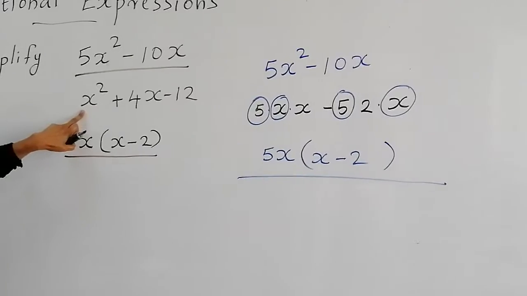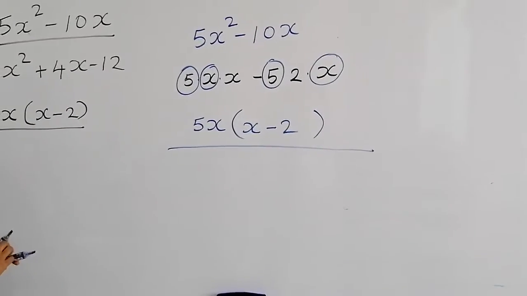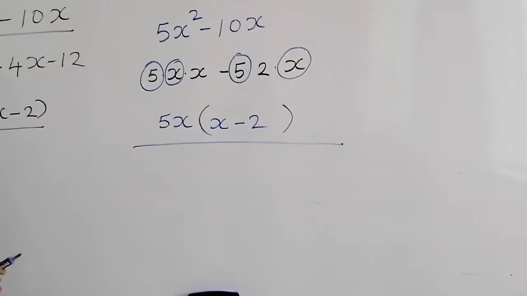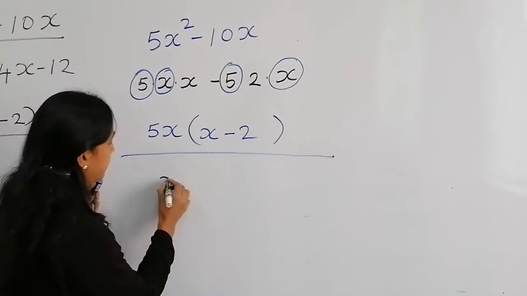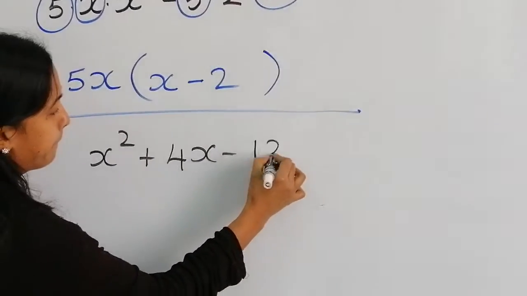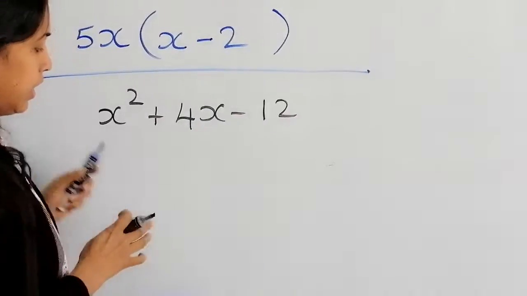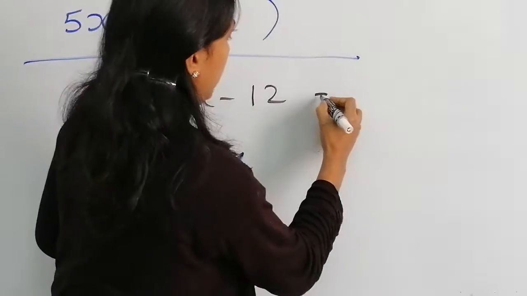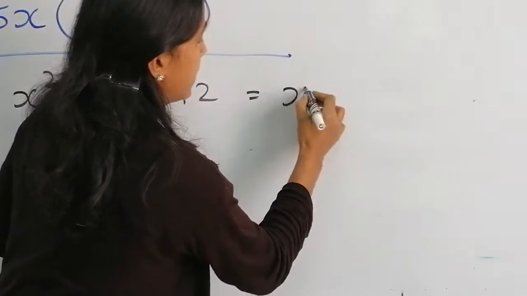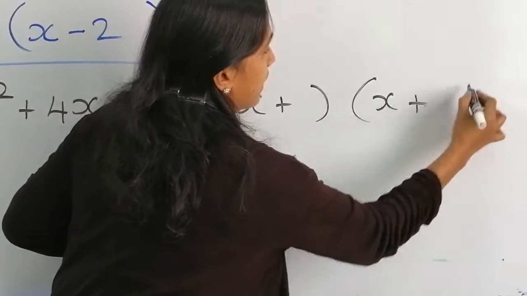Take the denominator, x squared plus 4x minus 12. As you studied before, here you will get x plus one number and x plus another number.